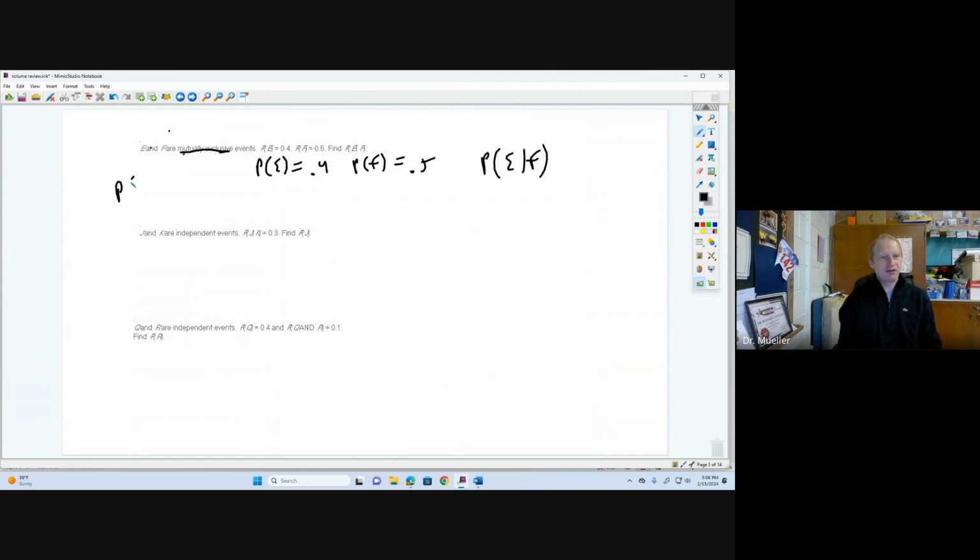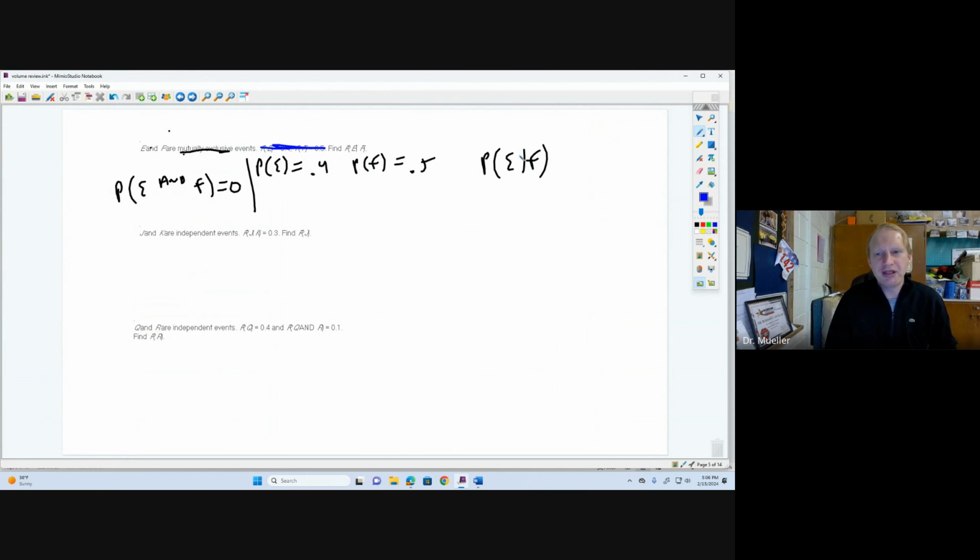So what that tells us is that if they're mutually exclusive, the probability of E and F is equal to 0. That's what we know for mutually exclusive, that both events cannot happen. If we read this one carefully, we don't even need this information; it's irrelevant.